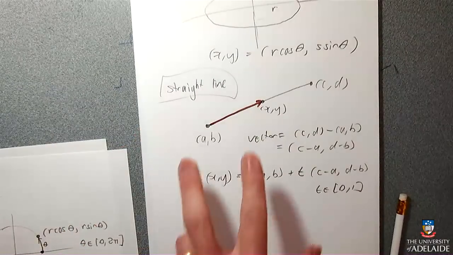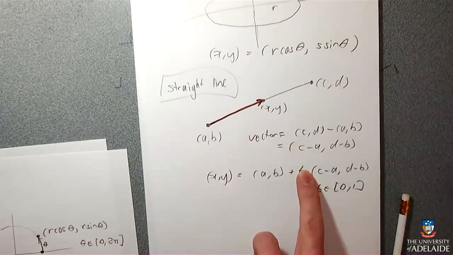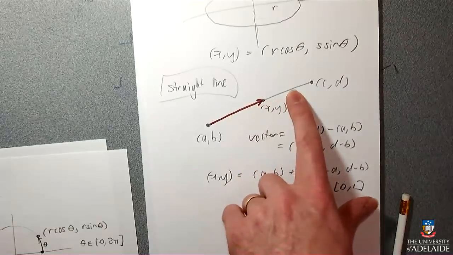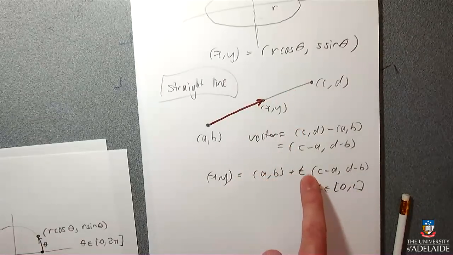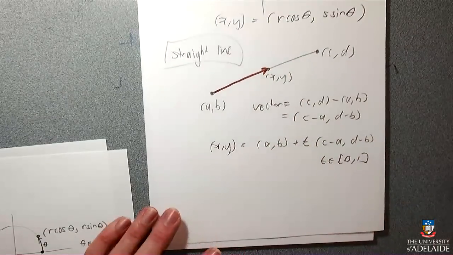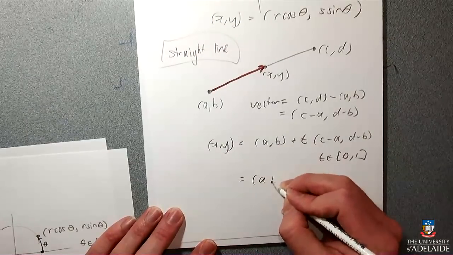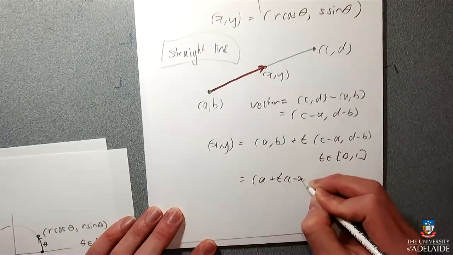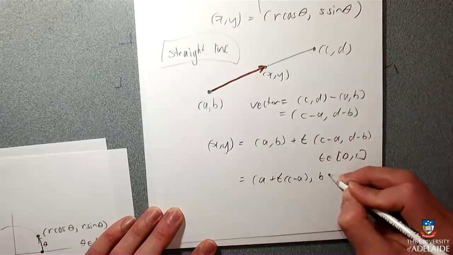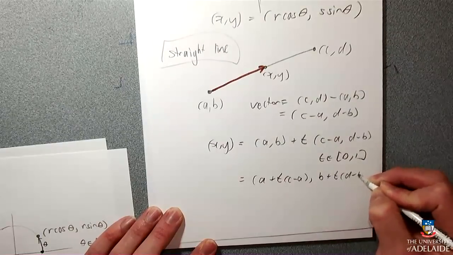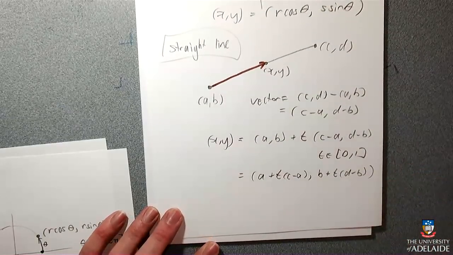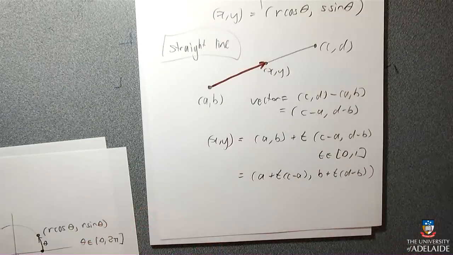So if I'm halfway, I'll use t as 0.5. If I'm 75% of the way, I'll use t equals 0.75. And that will give me the answer I want. Which means we can create a little formula for this if we want. We can simplify that a bit, but it's not really important. We can just leave it like that.